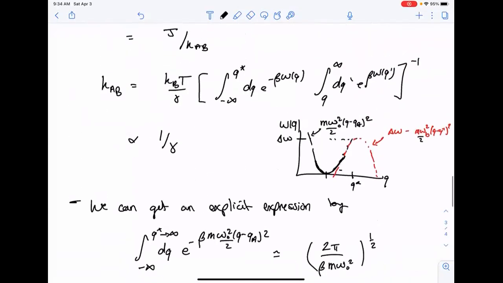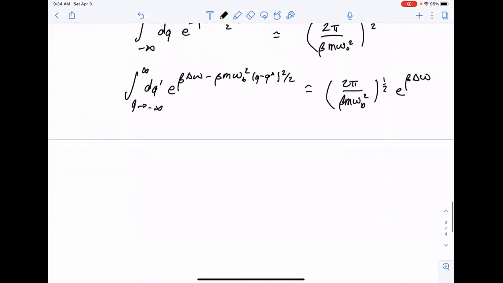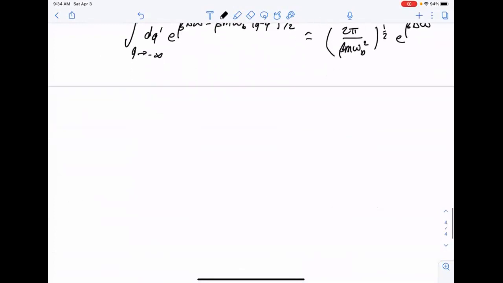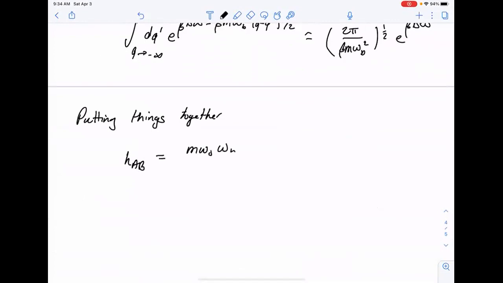So we've just done the two integrals that enter into this rate expression, so we can put that together. We get kAB is equal to m omega naught omega b over 2 pi gamma.